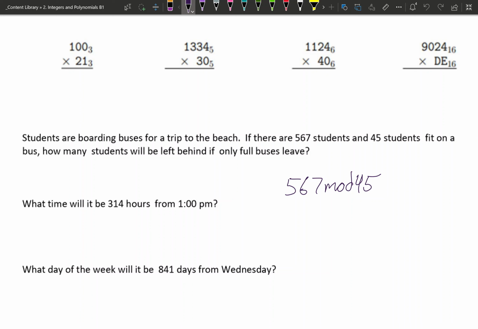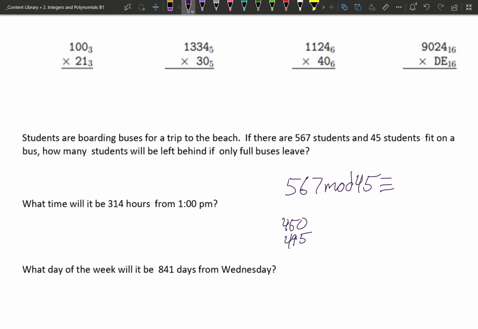This, we take our total, 567, we're doing mod 45, and we need to look at the remainder to see how many students are being left behind. So what we can do is divide 567 by 45. We have 450 is 45 times 10, and then add another 45, and so that's 495.